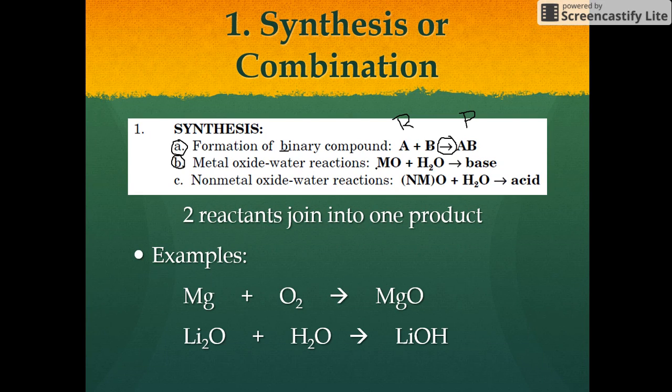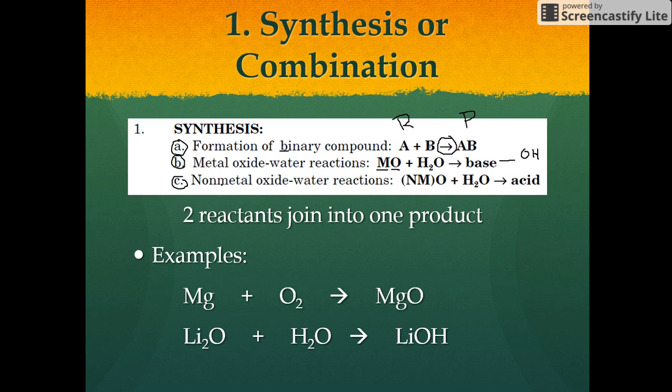Right? So here M stands for metal. The O specifically stands for oxygen, and it reacts with water and it produces a base. Now, you have to remember from biology that a base is an element with OH at the end of it. All right, so if you see this, things coming together and making one substance, it is a synthesis.